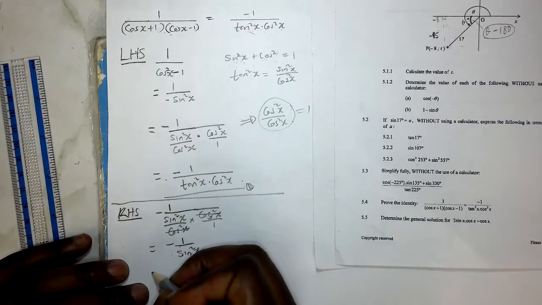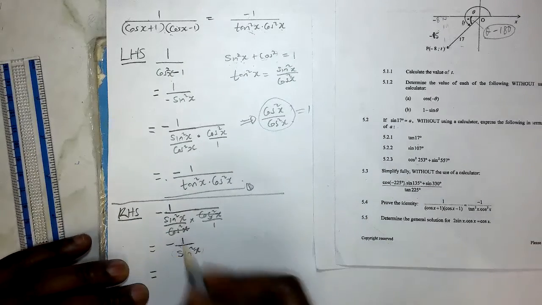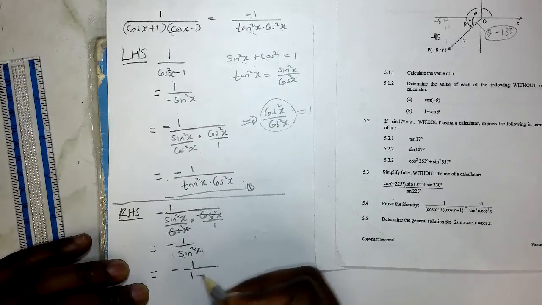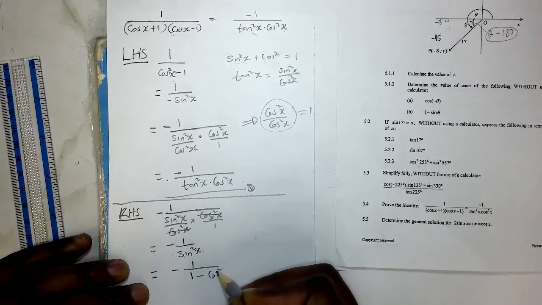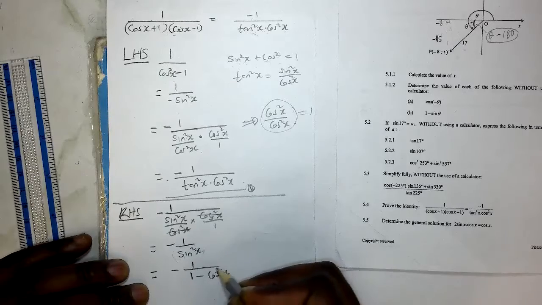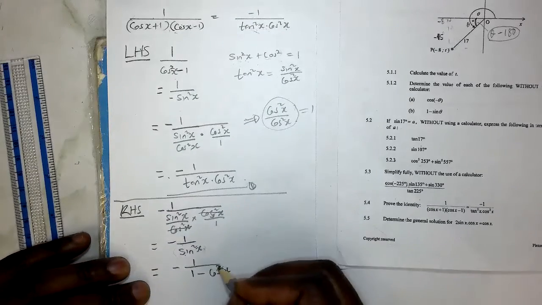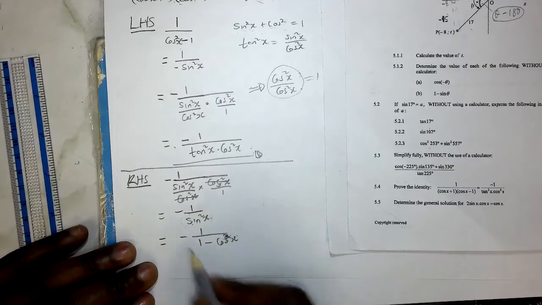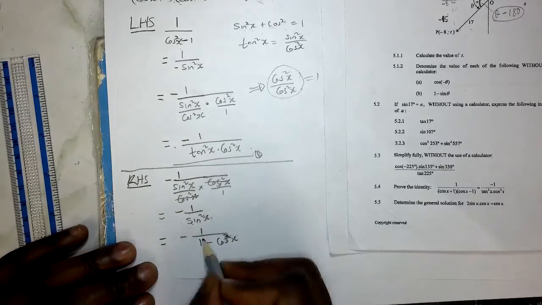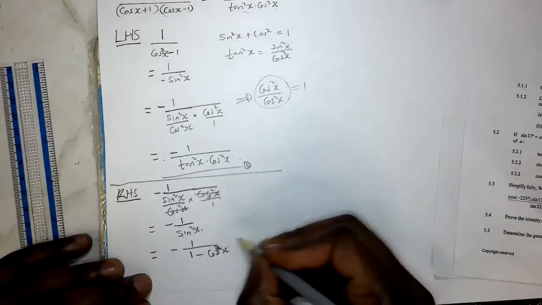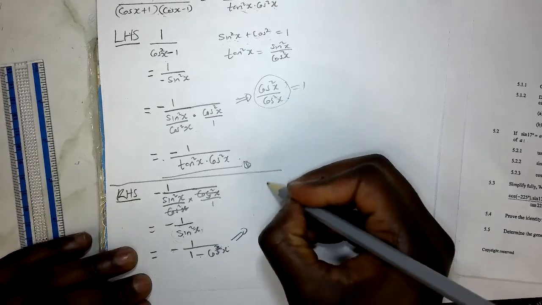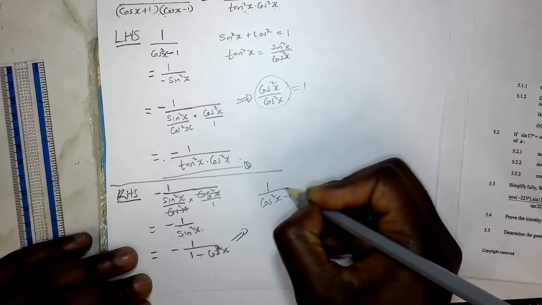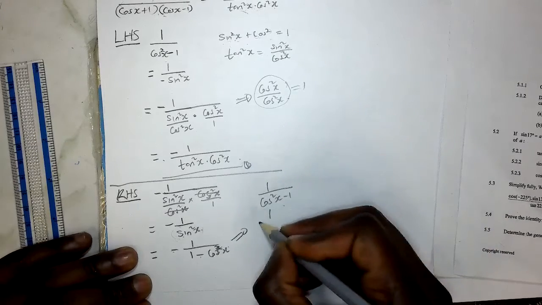Or, if you can't do that, you can say sine squared x is going to be 1 minus cos squared x. When you've got 1 minus cos squared x and you multiply with the negative here, to remove the negative, you are going to have 1 over cos squared x minus 1. And this is a difference of 2 squares. What do we have?